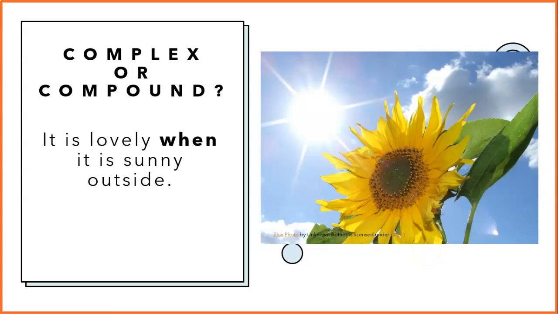Is this sentence complex or compound? It is lovely when it is sunny outside. Well, my conjunction is in the middle, but when it is sunny outside doesn't make sense by itself. I don't have a comma in the middle, so this must be complex.